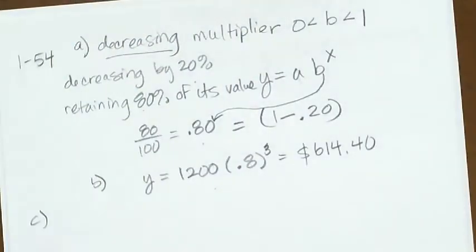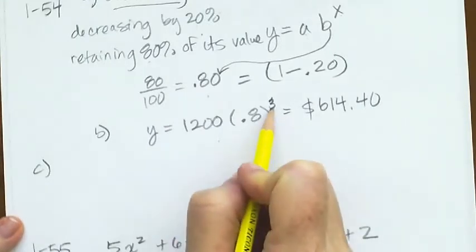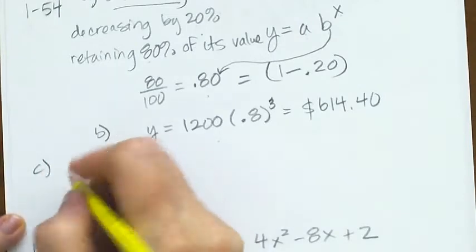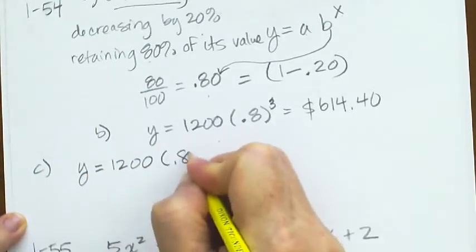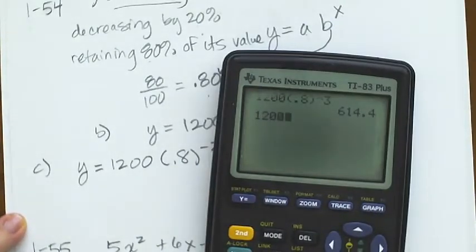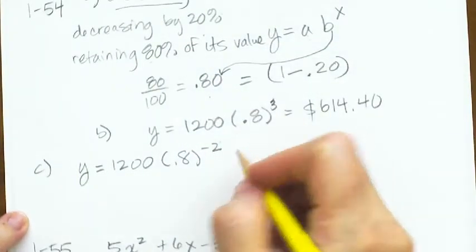Well, okay, I'm going to use that same equation, but instead of putting a 3, I'm going to put -2 for 2 years ago. So 2 years ago, it was worth $1,875.